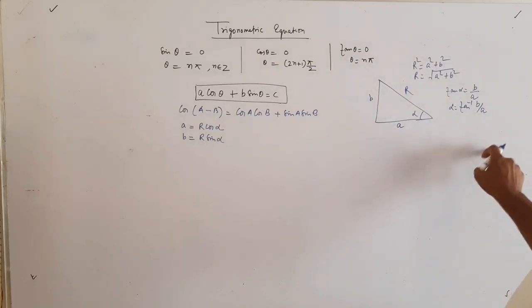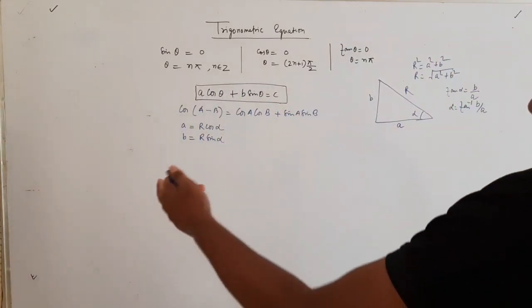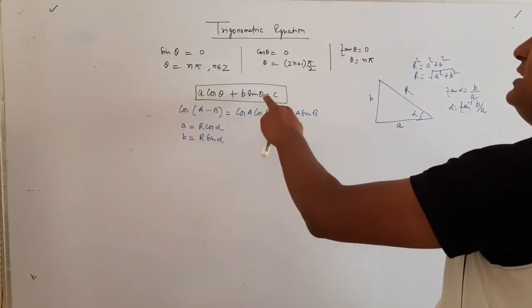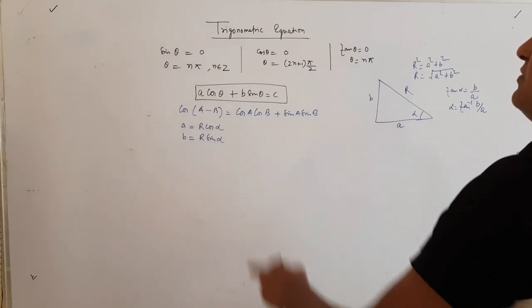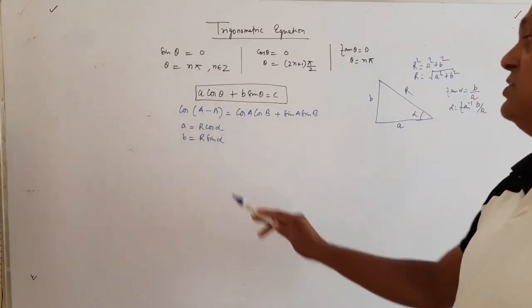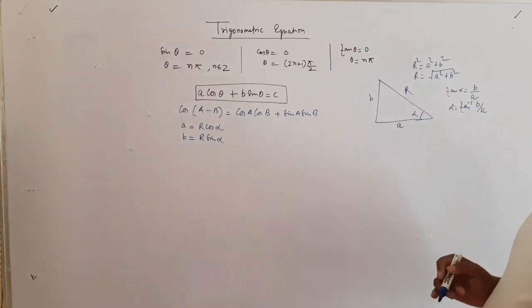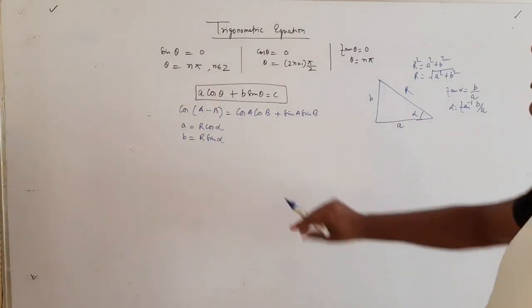Why do we need to do this? Because you are given an equation where the variables are a, b, theta and c. Now I assume that a is R cos alpha, meaning I have changed my variable from a, b to R and alpha. So I also need to know the relation between R, alpha and a, b so that we can later return back to find those values.